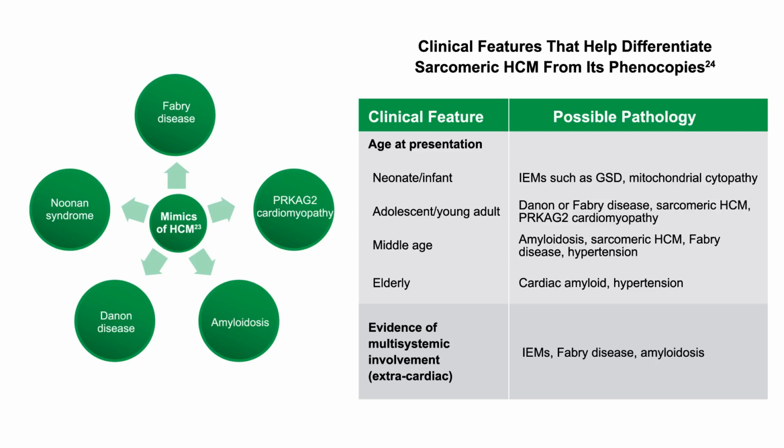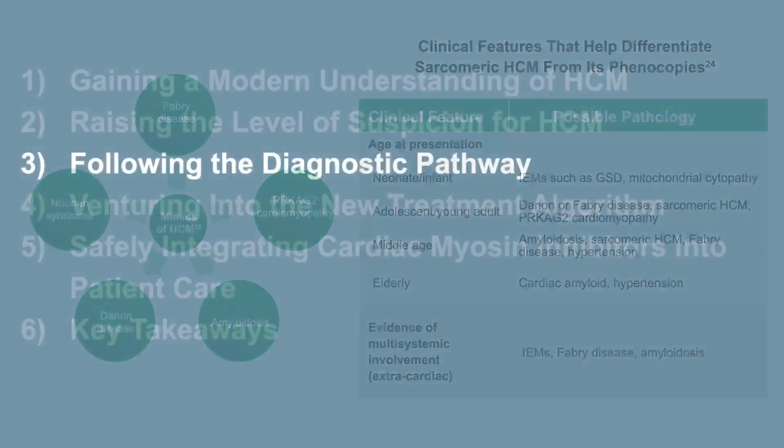When we come to perform cardiac investigations, again, there are a number of red flags. For example, when performing an EKG in a patient with hypertrophic cardiomyopathy, the presence of atrioventricular block is a very important indicator for diseases such as mitochondrial disease, Fabry disease, amyloidosis.